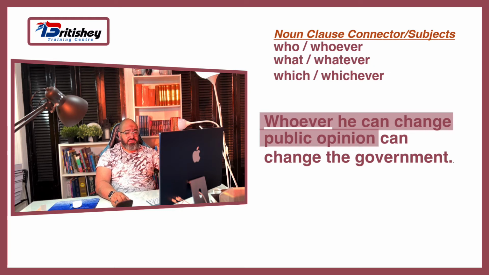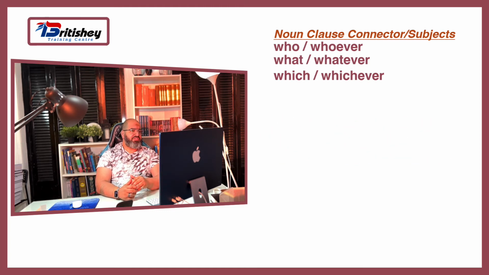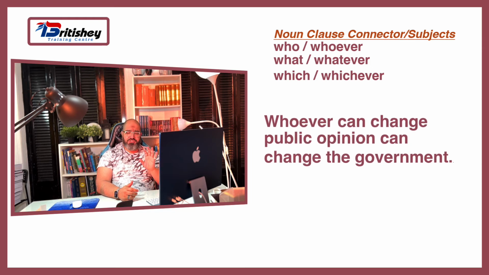Oh, okay, that's a connector and a subject. And then we have he. Wait a minute, he is another subject. What do I do with double subjects? That's a mistake. I can't have double subjects here because whoever is not only a connector, it's a connector and subject. So from the very beginning, that's a wrong sentence. And the answer is, whoever can change public opinion can change the government.